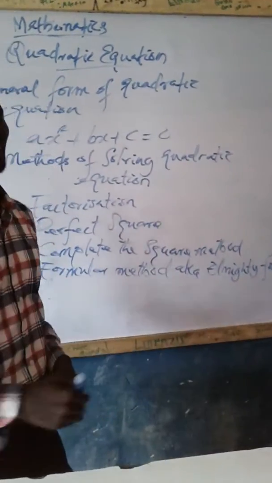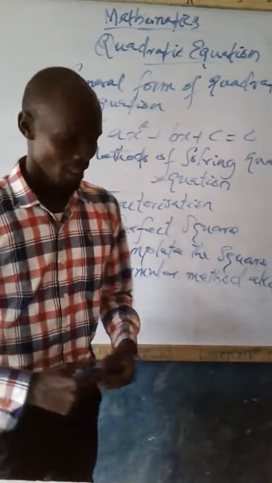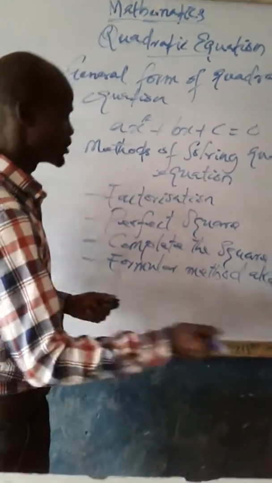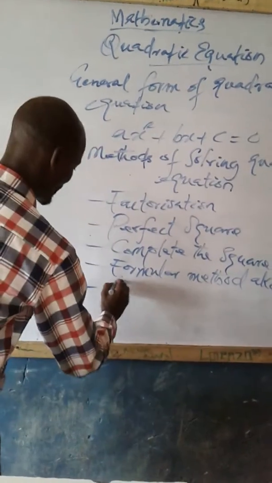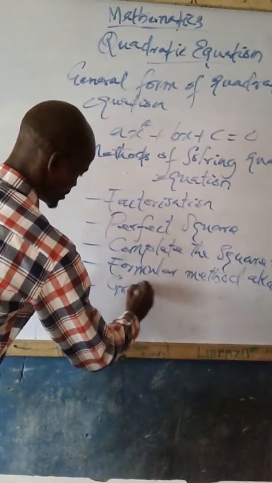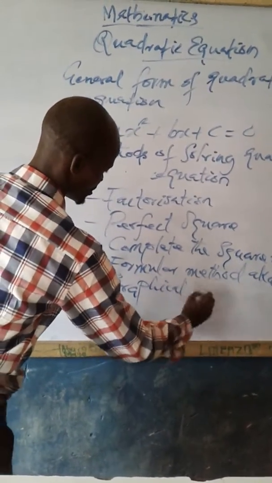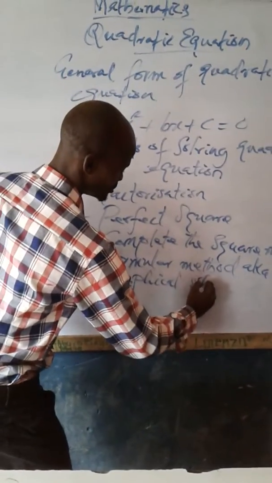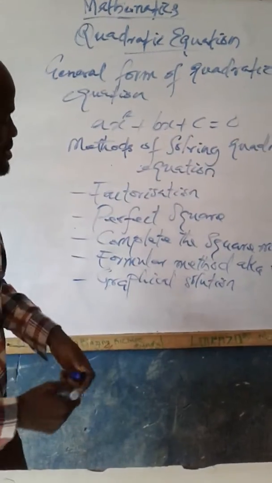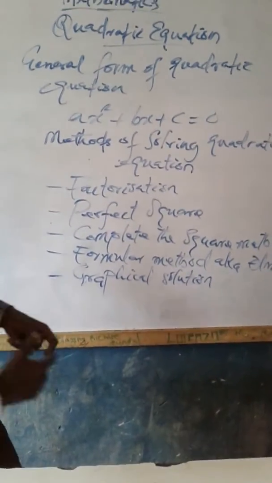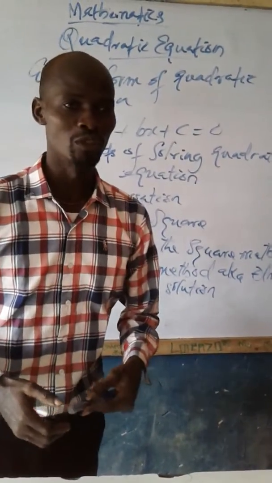That's just the general language within students. Now, the last one in solving quadratic equation, which is the fifth one, is the graphical solution. These are the 5 ways in which we solve quadratic equation.